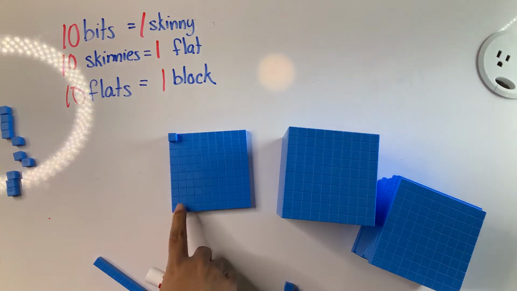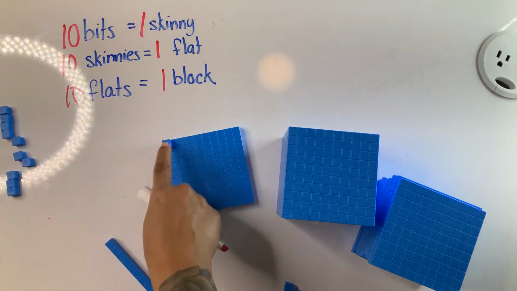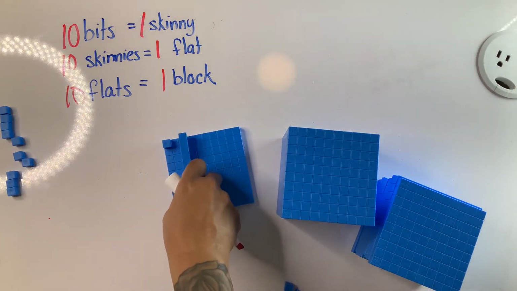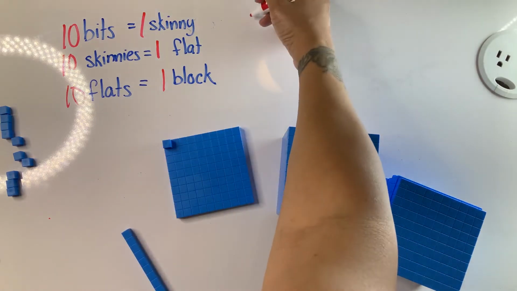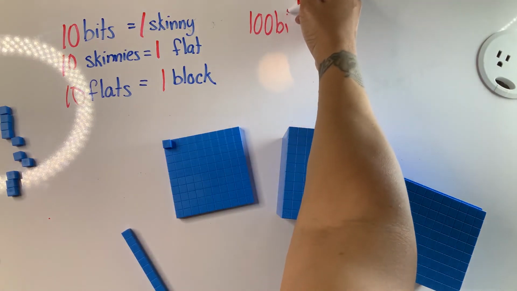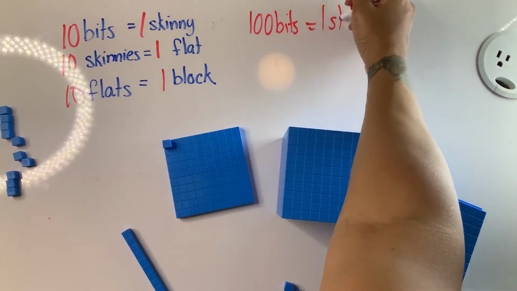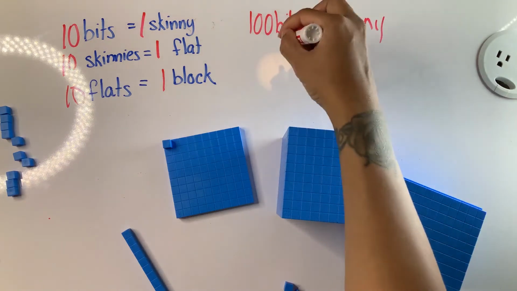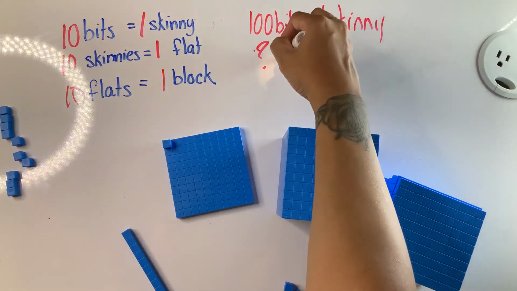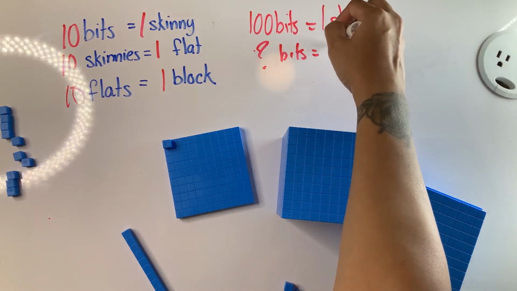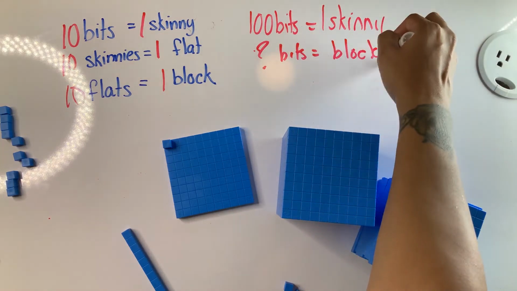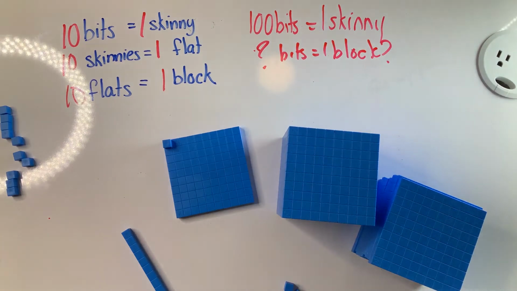It would take 10 rows of 10, because we know 10 of these makes one of these, and 10 of these makes one of these. So it would take 100 bits to equal one skinny. Could you figure out how many bits it would take to make one block using some of these patterns? We'll talk more about this in just a second.